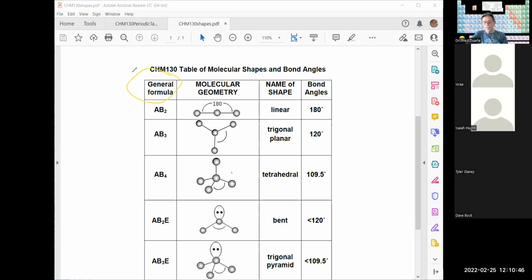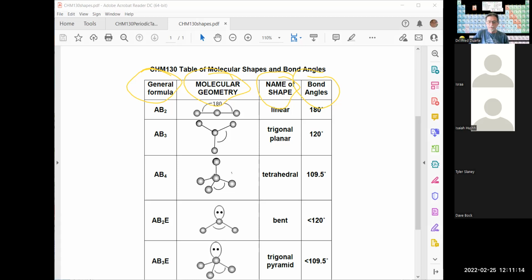We have the general formula of ABE, and that general formula has associated with it a molecular geometry, which shows you the model of that molecule in a somewhat 3-dimensional format. The next column gives you the name of that shape. And then the final column gives you the bond angle between the items bonded to the central atom.